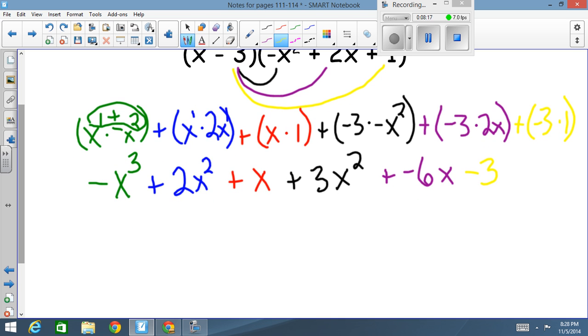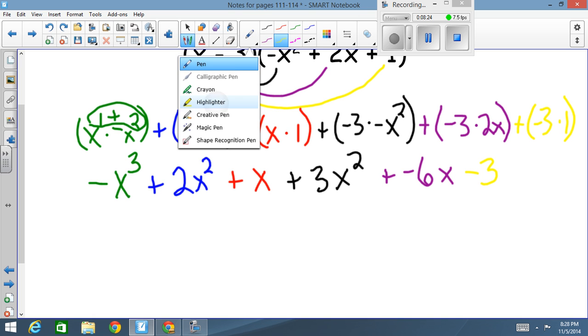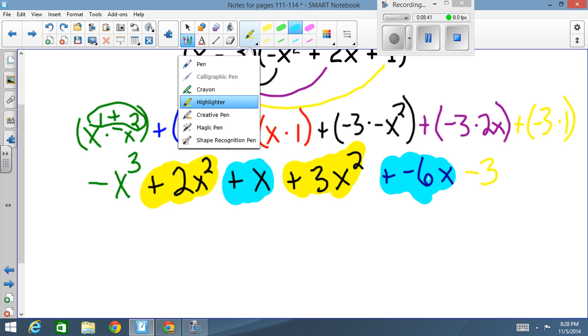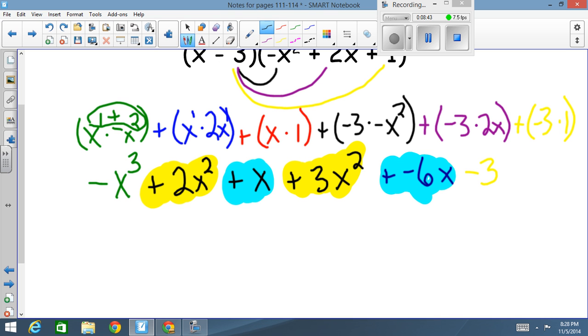Now I need to look at combining like terms. To combine like terms, they have to have the same variable and same exponent. I know that I have an x squared here and an x squared here, so I can combine those. I also have an x term here and an x term here, so I know I can combine those. The other ones don't have anything to combine with. So I'm going to bring down the negative x to the third.